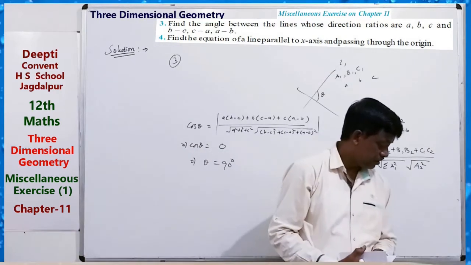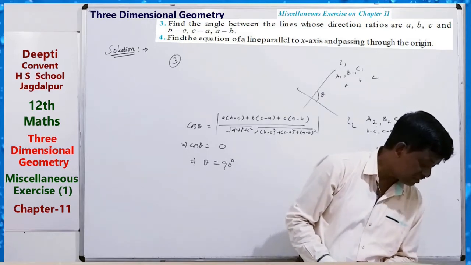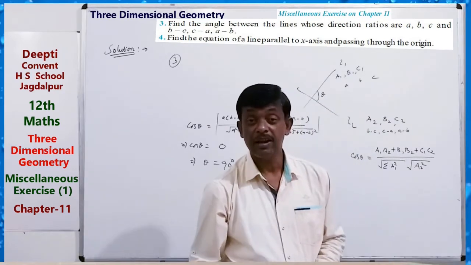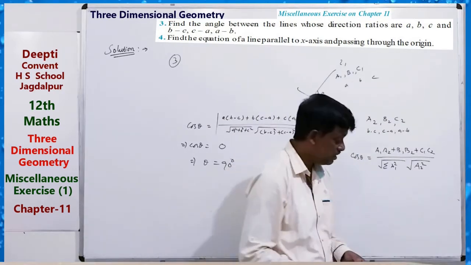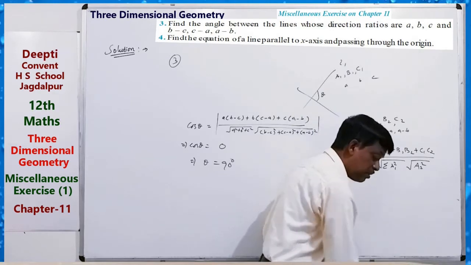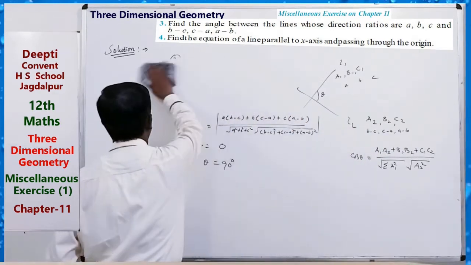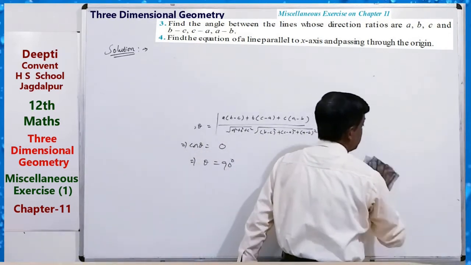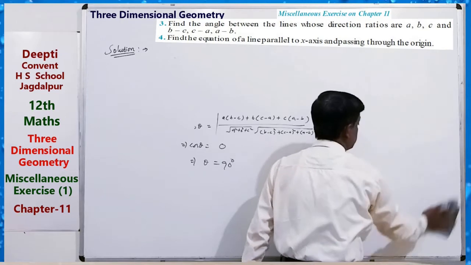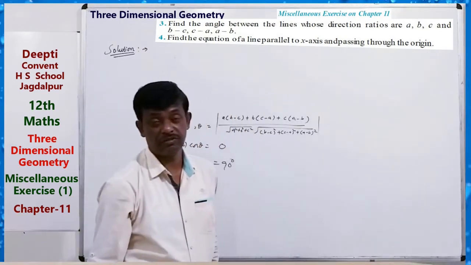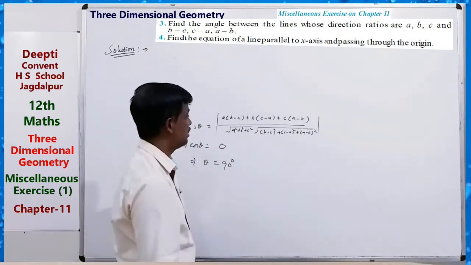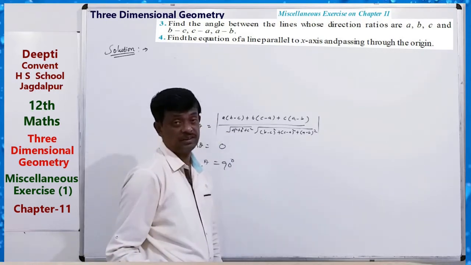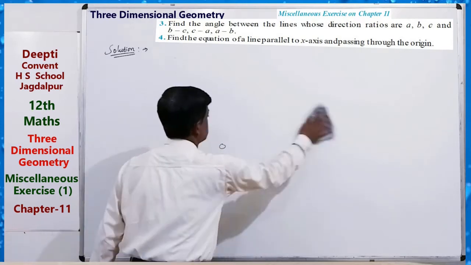Question 4. Find the equation of a line parallel to the x-axis passing through the origin. A 3D line parallel to the x-axis and passing through the origin. For finding the equation of a line, we require a point through which it passes and the direction ratios of the line.